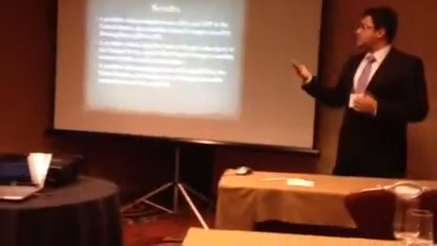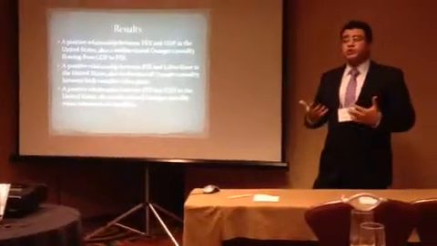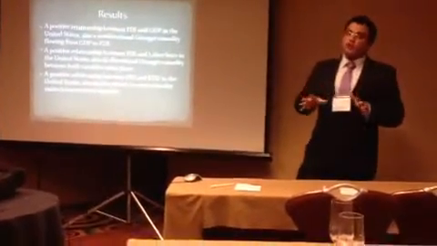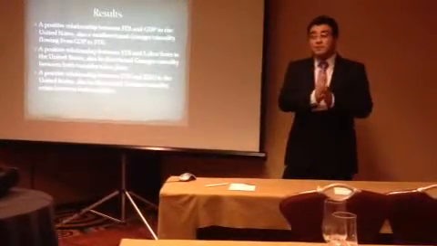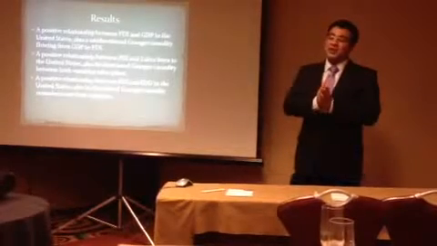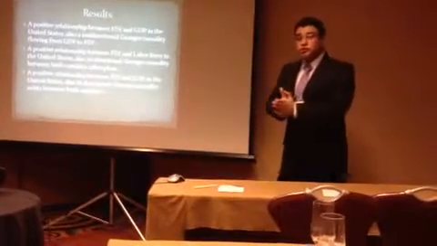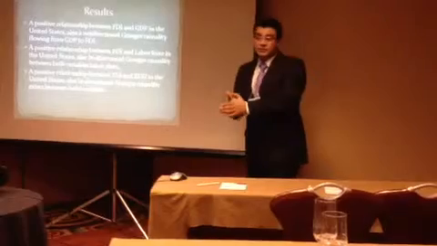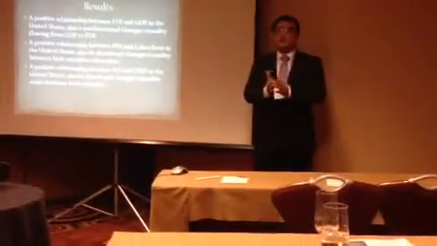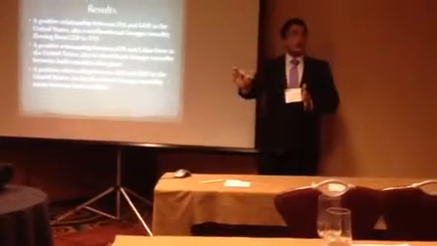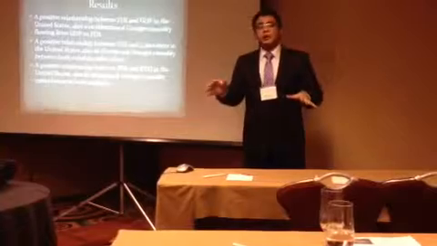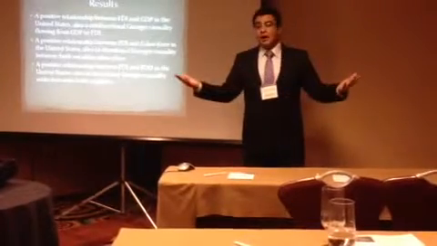The results were that there's a positive relationship between FDI and GDP, and a unidirectional Granger causality flowing from GDP growth to FDI, answering our fourth question: GDP is what causes FDI and not vice versa. Because if it was vice versa, then any country could just lower taxes, have everything ready for FDI to flow in, and they would grow.